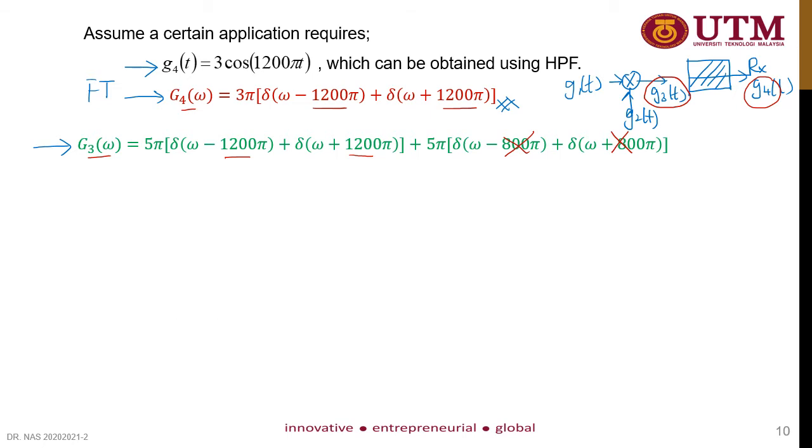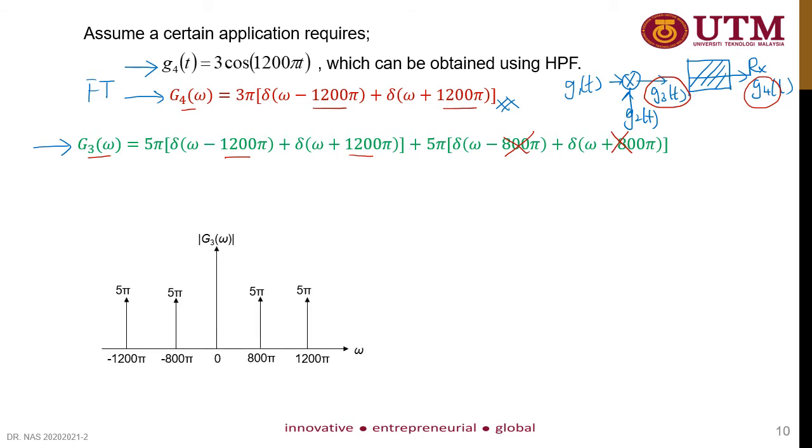So this is the complete spectrum g3, and you need to apply a filter so that only the higher frequency component will be selected and the lower frequency component will be removed.